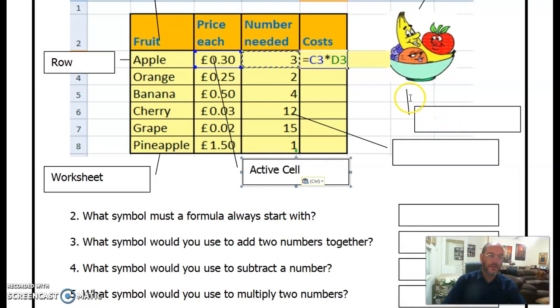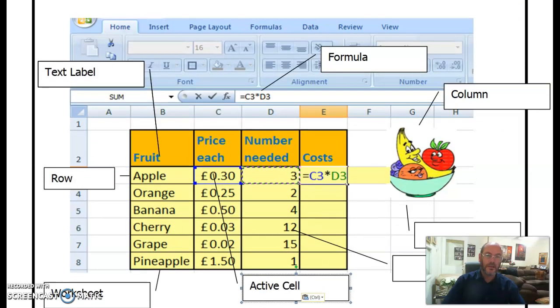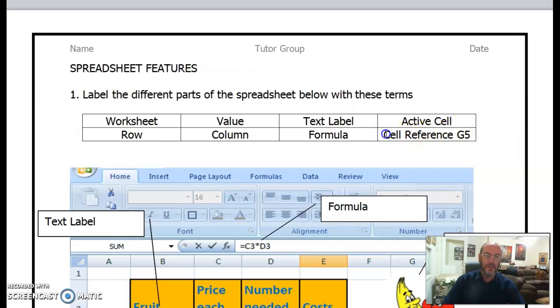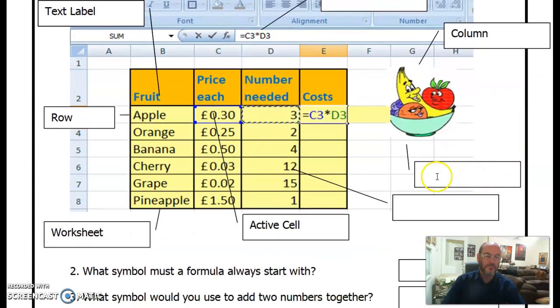Right here, I can call this the cell reference. In this case, the cell is G5, cell reference. Alright, it's there, cell reference G5. Control C, Control V. If I were to identify this as the cell reference, that would not be G5, but it would be G1.